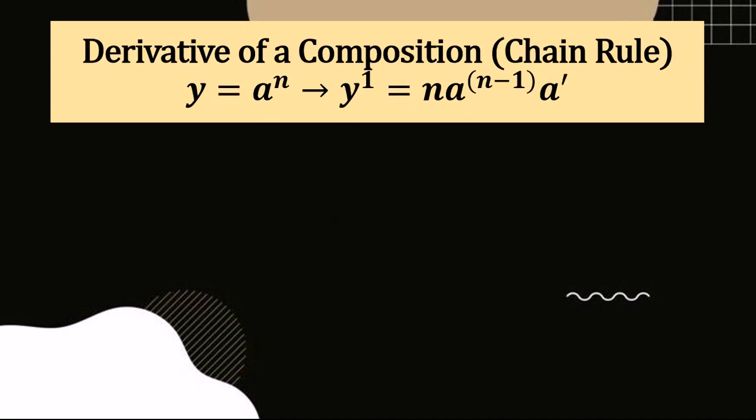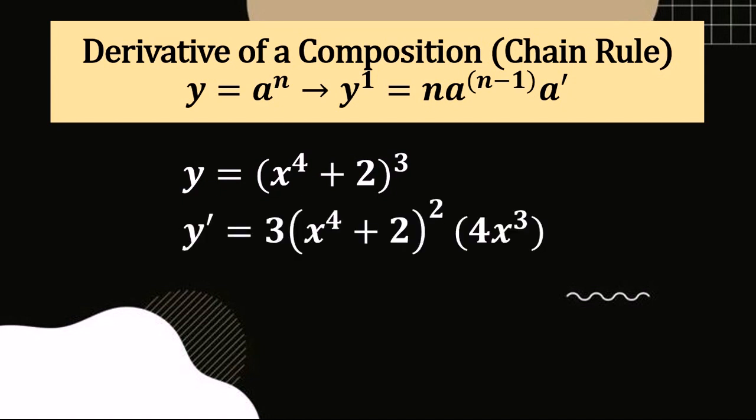The next rule is the derivative of a composition, or the chain rule. If y equals a raised to the power of n, its derivative is n times a raised to the power of n minus 1 times the derivative of a. For an example, y equals the quantity of x raised to the power of 4 plus 2, raised to the power of 3.